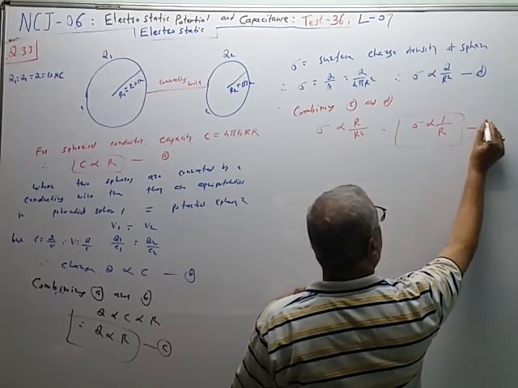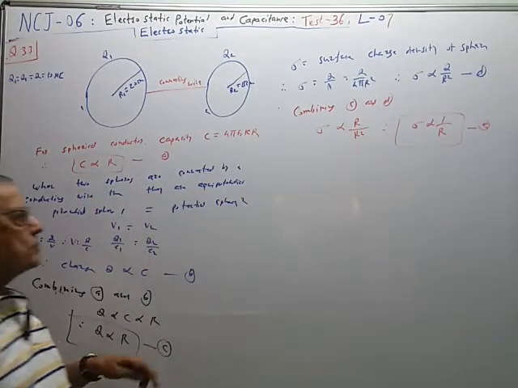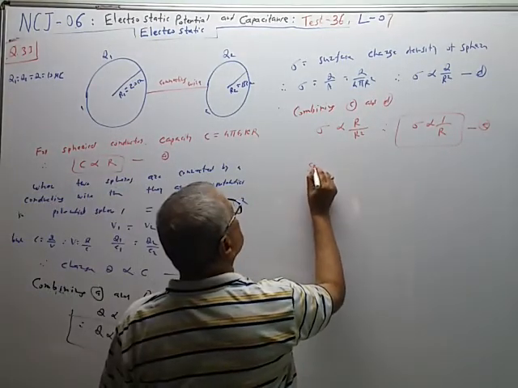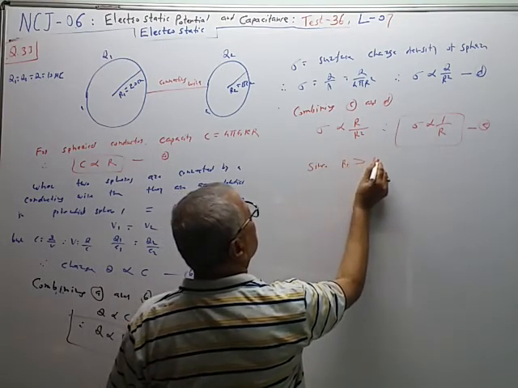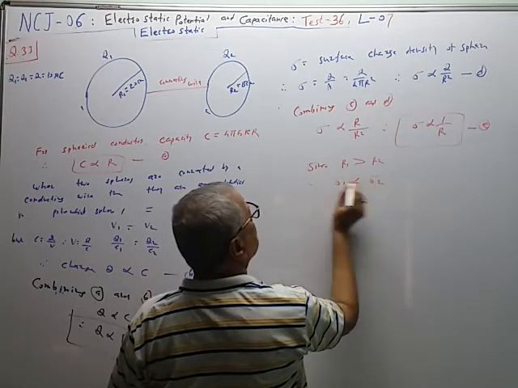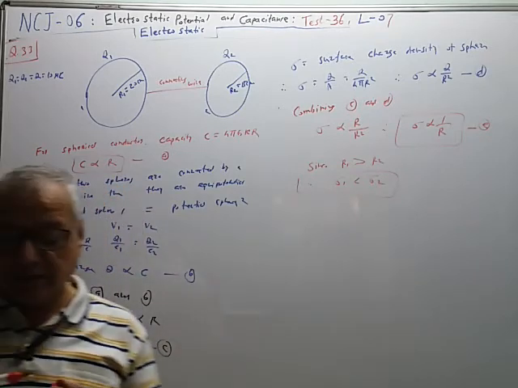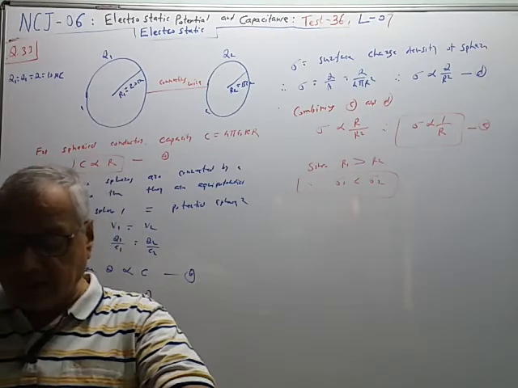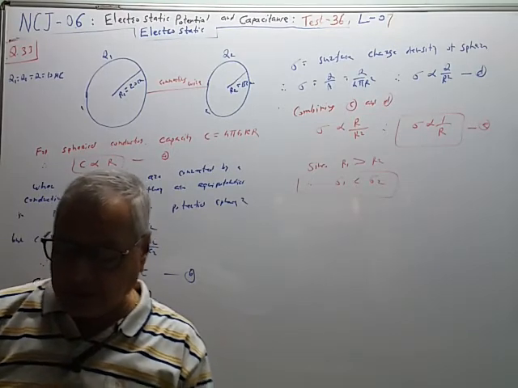This is equation E. So surface charge density sigma is inversely proportional to R. Since R1 is greater than R2, therefore sigma 1 is less than sigma 2. So surface charge density on the smaller sphere of radius 15 cm will be greater.